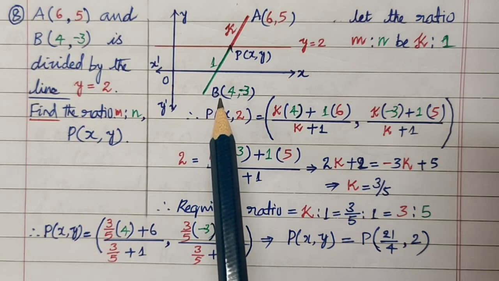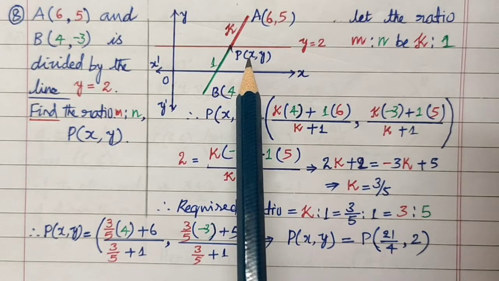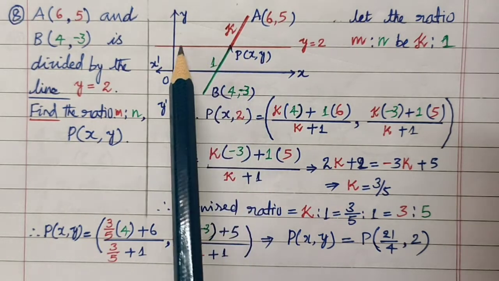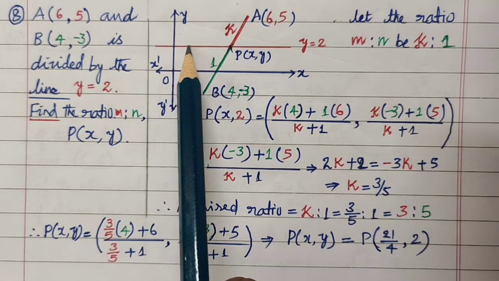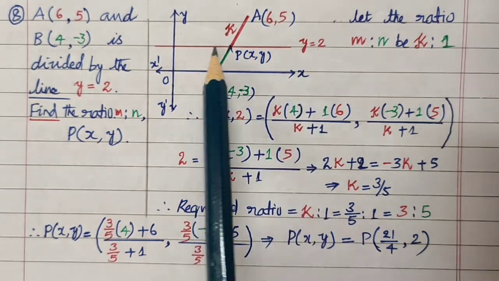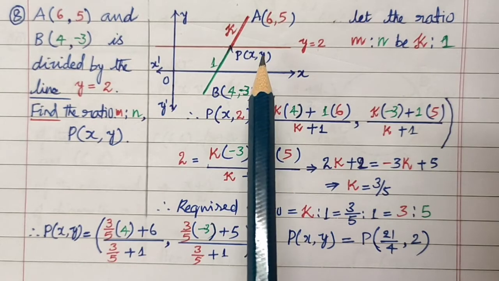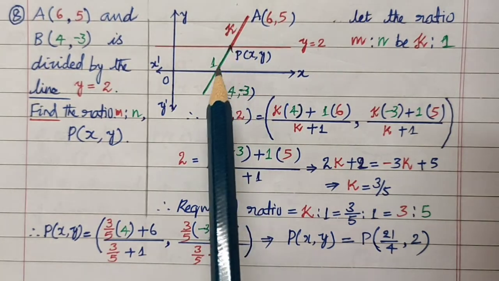We need to find the ratio and also the coordinates of P(x, y). They are telling us the line is divided by y = 2, so we already know the value of y as 2.